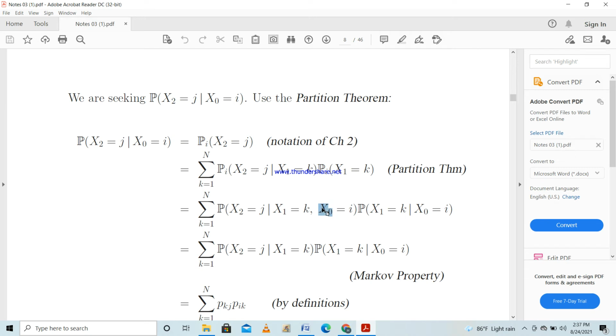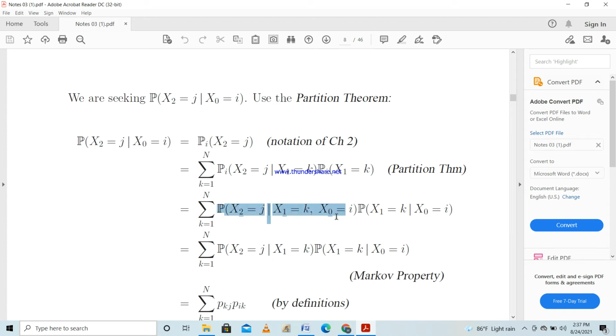So we can write this as x0 equal to i, and here probability x1 equal to k, given that x0 equal to i. And then using the Markov property, we know that in the Markov property the future event depends only on the present event, not the past. So in this case, x2 depends only on x1. We don't have to consider x0.